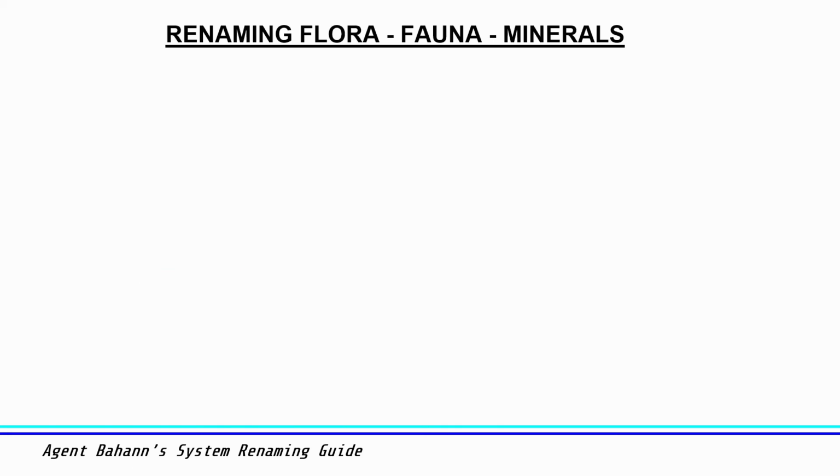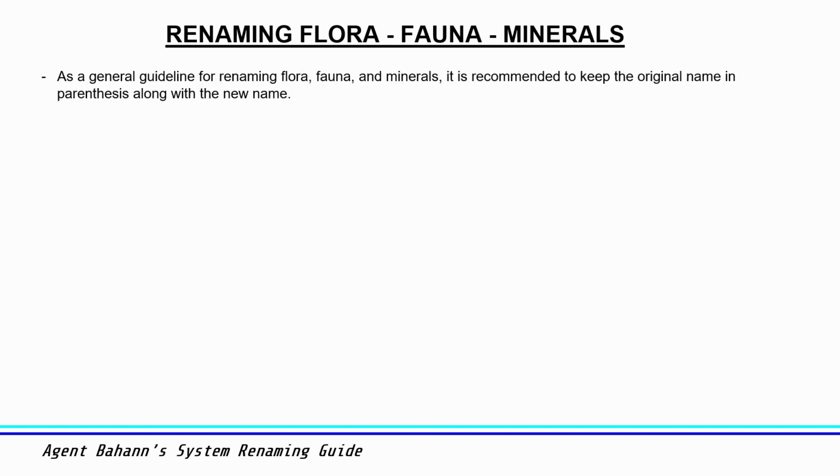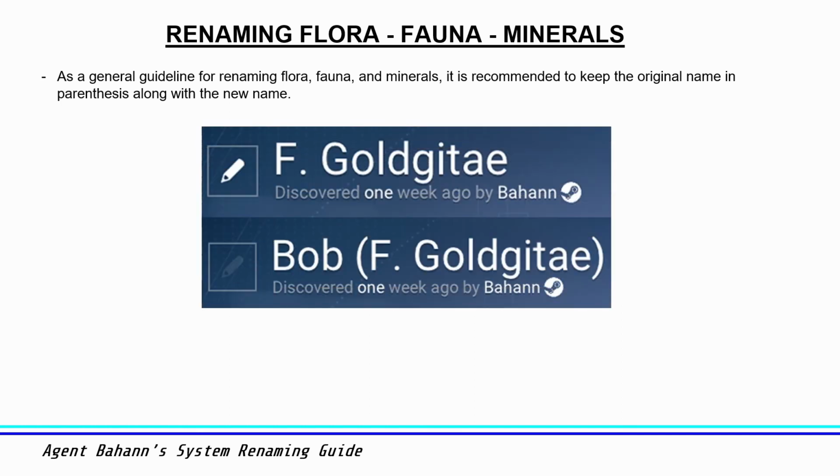You can rename flora, fauna, and minerals. As a general guideline for renaming all of these, it's recommended to keep the original name in parentheses along with the new name. Once that name is submitted, it's the same thing as renaming a system. There's no going back. The change is permanent, and that will apply to anything you rename, even planets.